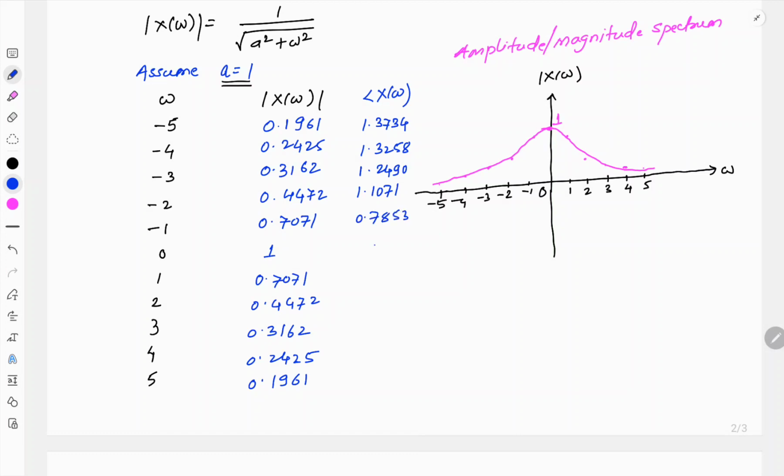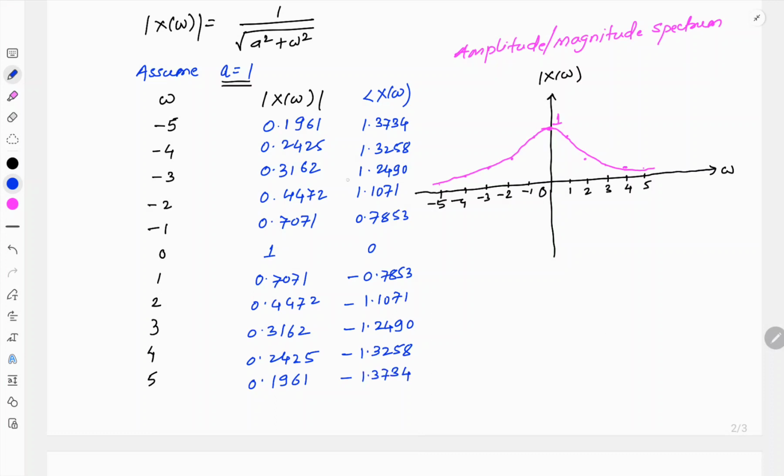For 0 we get value 0, and again these values are going to repeat, but here we have sign change, so it is 0.7853, minus 1.1071, minus 1.2490, minus 1.3258, minus 1.3734.